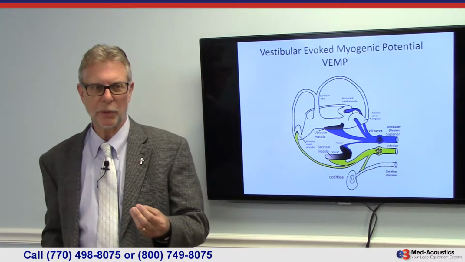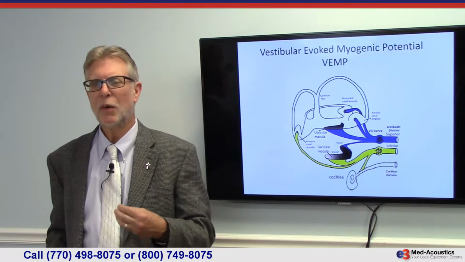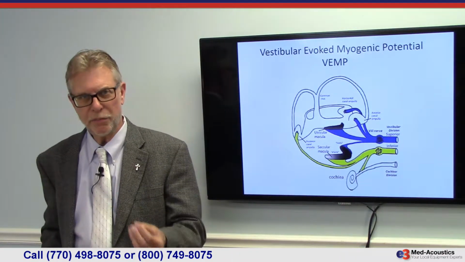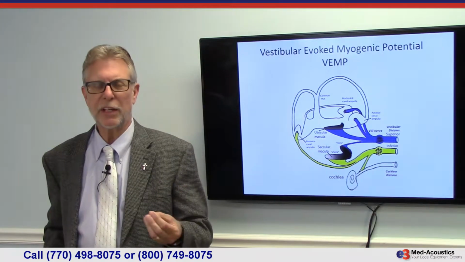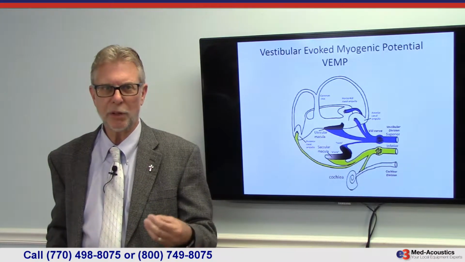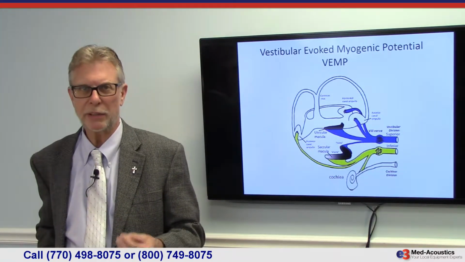for audiology clinics that are doing vestibular testing is that when you add VEMP testing to the VNG testing that you're already doing on vestibular patients, it increases the sensitivity tremendously.